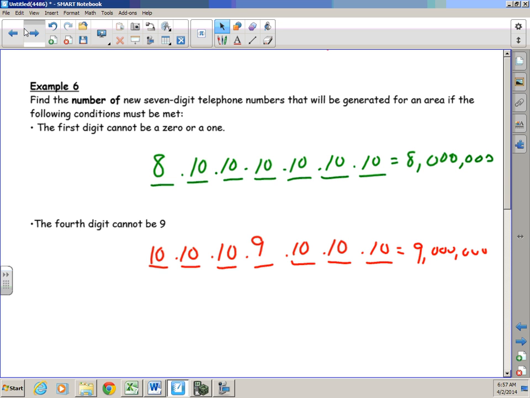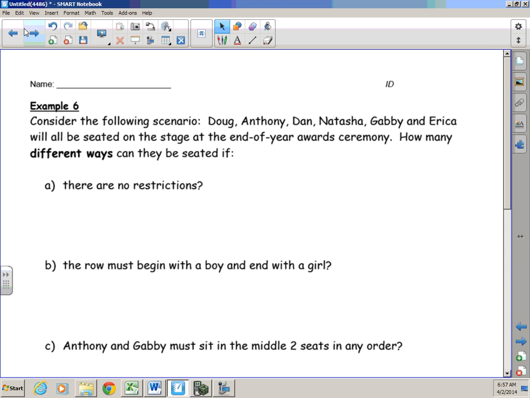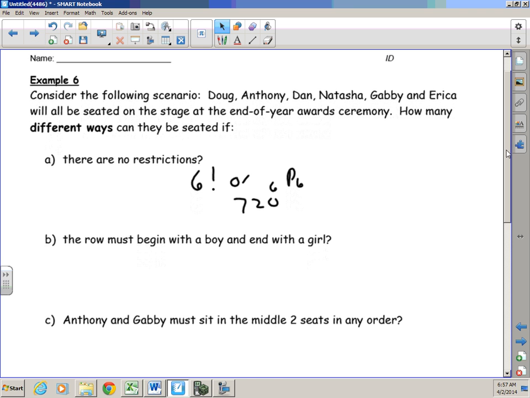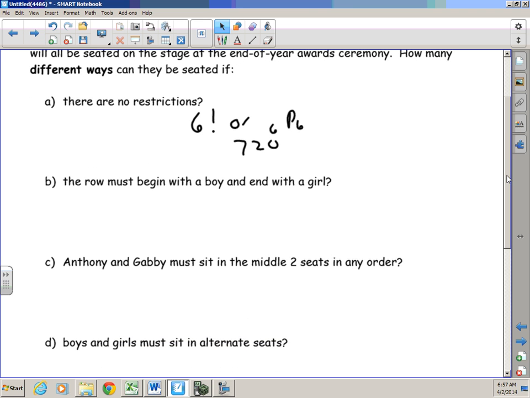Now, next, I have students that are going to be sitting at an award ceremony. There's 6 of them. If they can sit anywhere they want, it's either 6 factorial or 6P6. In either case, that's 720 different ways those students can sit. And again, when we're dealing with permutations, what we're talking about is the scenario where your order matters.